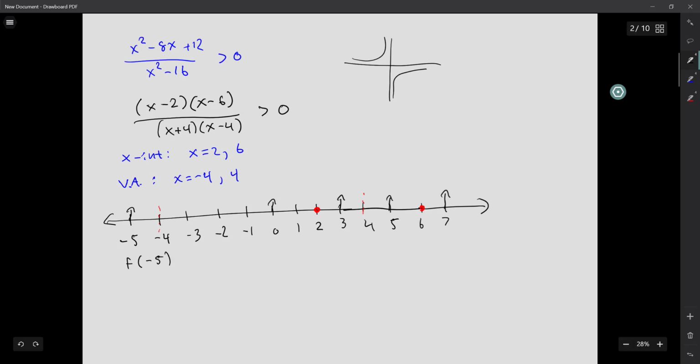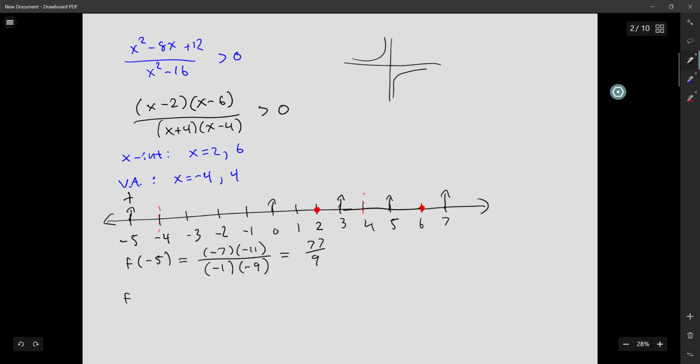F of -5 will be, let's see, up here, -7, -11, all over -1 times -9. This comes out to, that's a lot of negatives, but it'll be a positive 77 over 9. But again, I only care about really keeping track of the negative signs. I just want to know if this is a positive number or a negative number. What number it is is not important. So I got a positive number at -5.